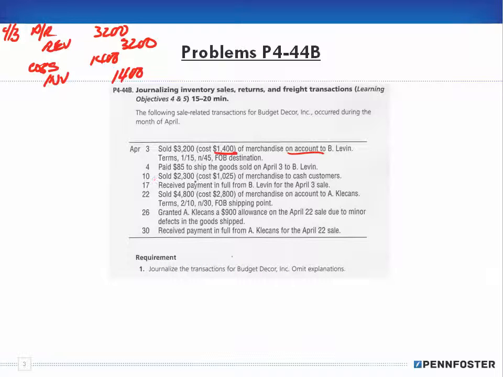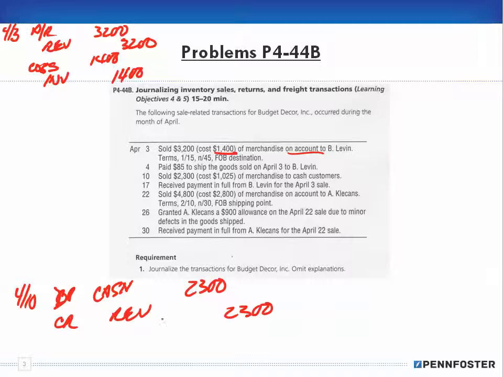Okay, April 10, we sold 2,300 of merchandise to cash customers. So we're selling something, so is our cash increasing? Yes. So we're going to debit our cash for 2,300, and we're going to credit our revenue for 2,300. Relatively simple.